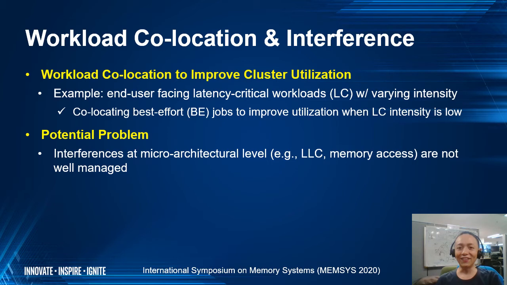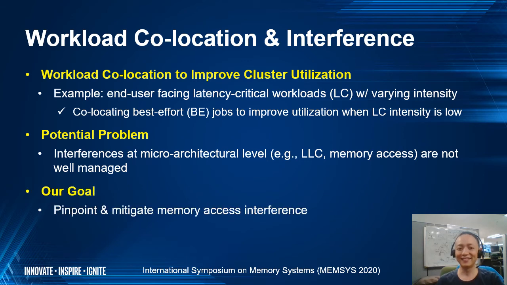In workload collocation, while the high-level resources such as CPU and memory occupancy are well managed with mature mechanisms, the interferences at the microarchitectural level, such as LLC and memory accesses, are not well managed. Our goal here is to pinpoint and mitigate memory access interference.